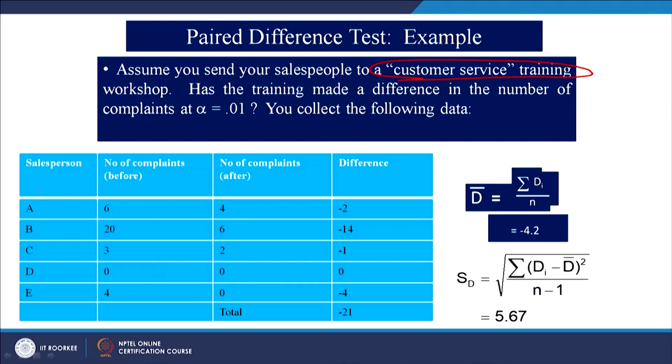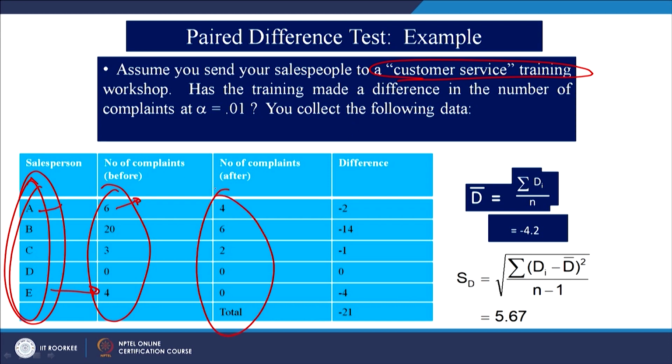So, you have sent 5 of your sales people for the training program, and before sending them on the training program, you just measured the number of complaints they were solving. So, this fellow used to solve 6 complaints, E fellow used to solve 4 complaints, and after attending the training program, you have noted down the number of complaints being solved by these sales persons or sales people, right.